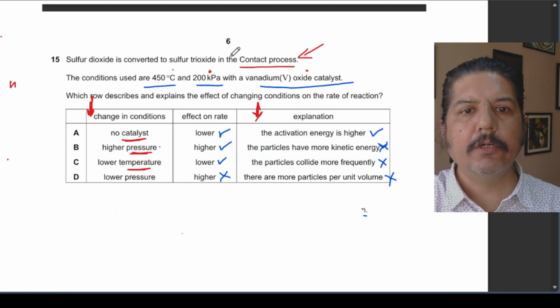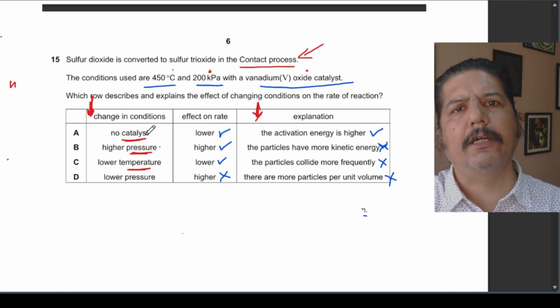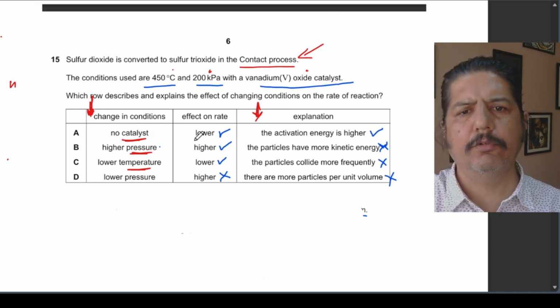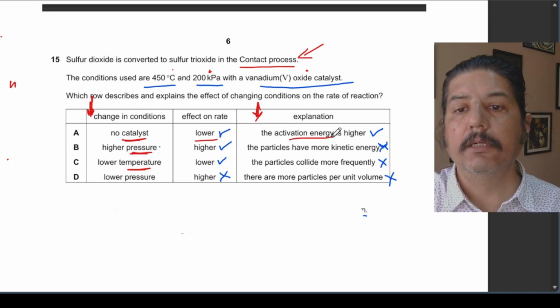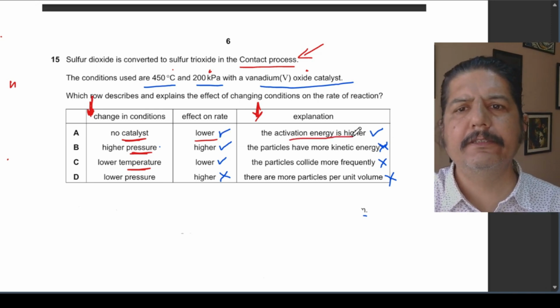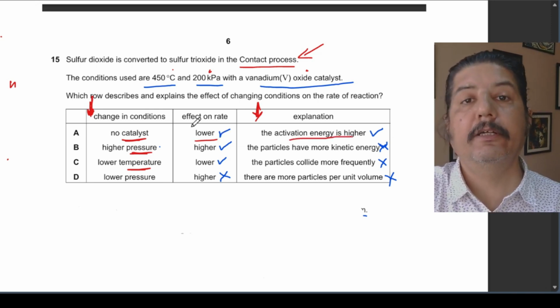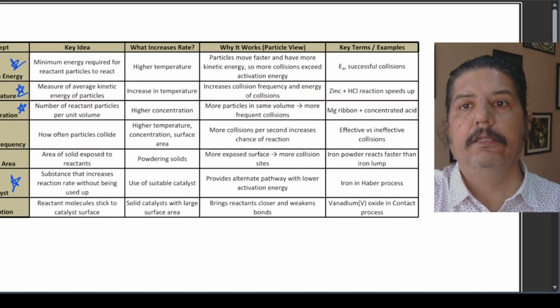Now let us look at each of the rows. First, there is no catalyst. You are not using catalyst. Of course, this will lower the rate, and the answer would be because the activation energy is higher. There is no alternate path available. This is what we saw here.